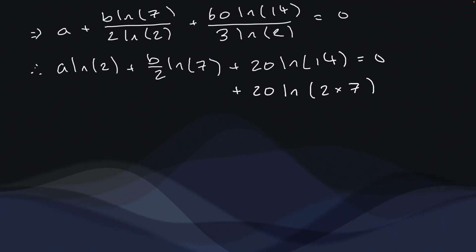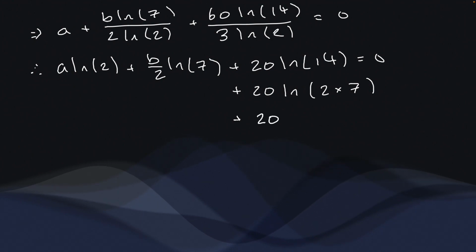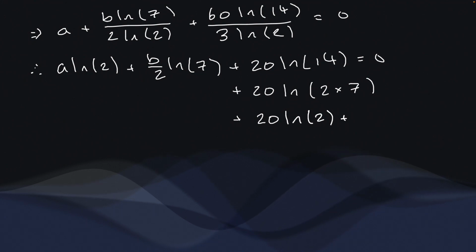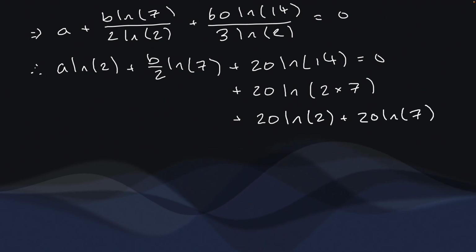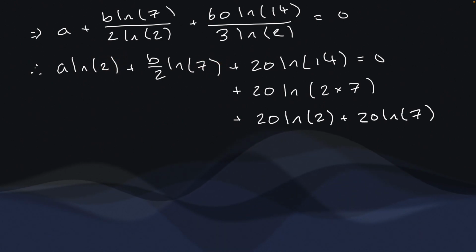And guess what? We can then just use the ln product rule, saying that's equal to 20 times ln of 2 plus 20 times ln of 7. And that makes our lives really easy because now everything is in terms of ln 2 and ln 7.